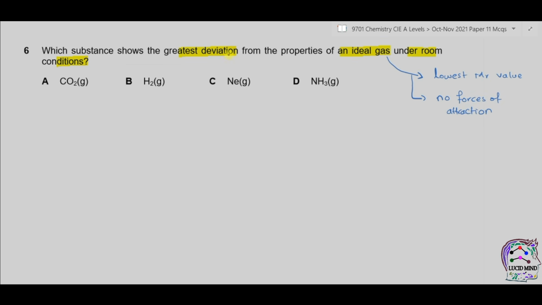It means that the gas that will show deviation must have higher Mr values and the most forces of attraction between molecules.